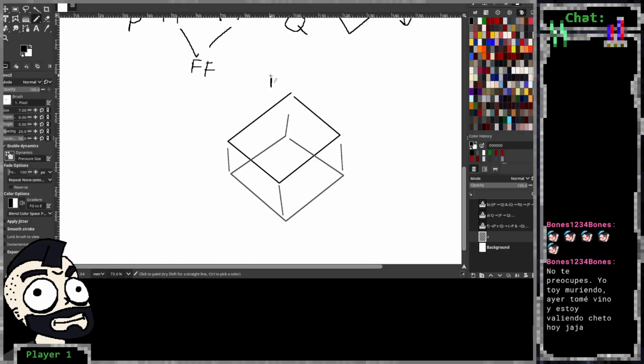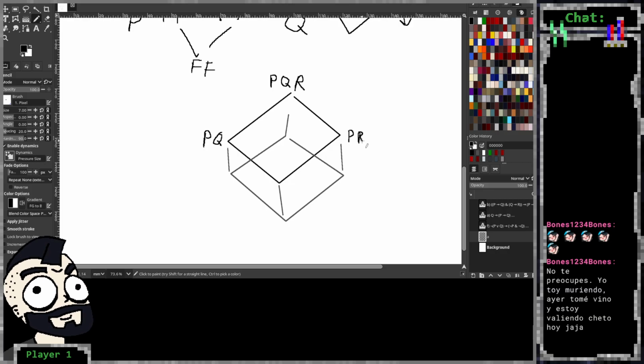So this stop will be P, Q, R. This is P and Q. This is P and R. This is Q and R. And then the versions that are negated, it will be not P, or rather, false.